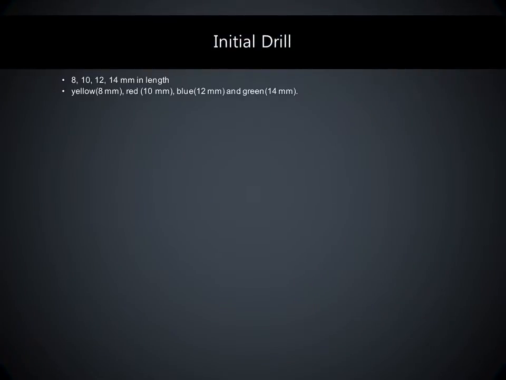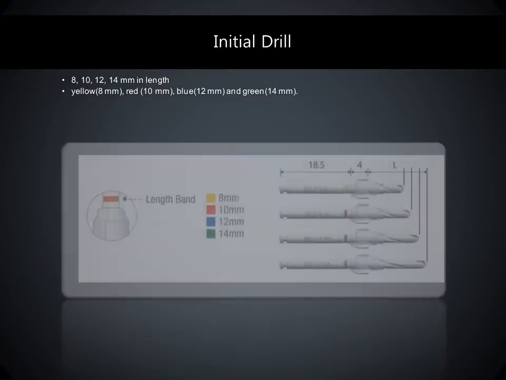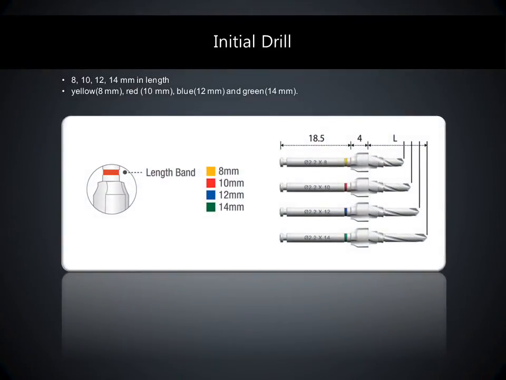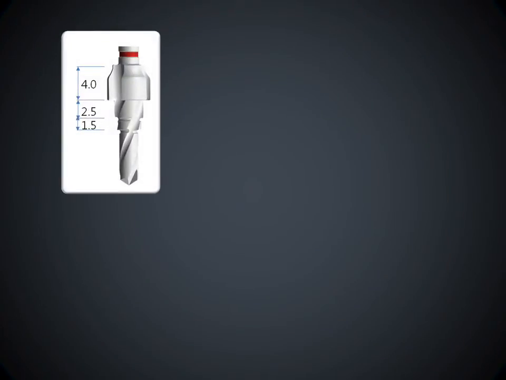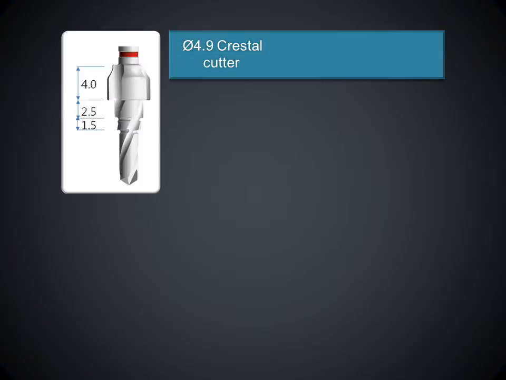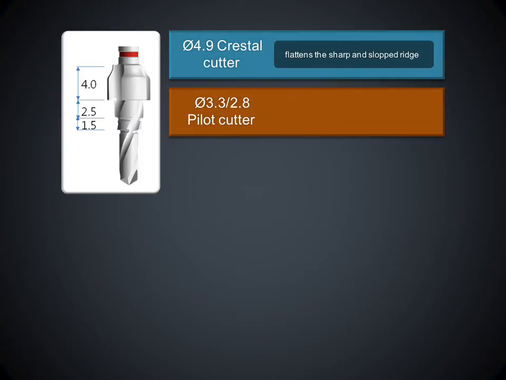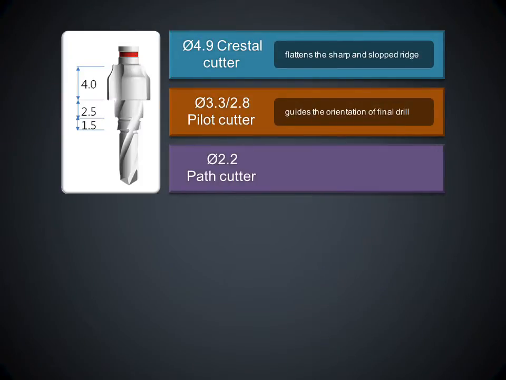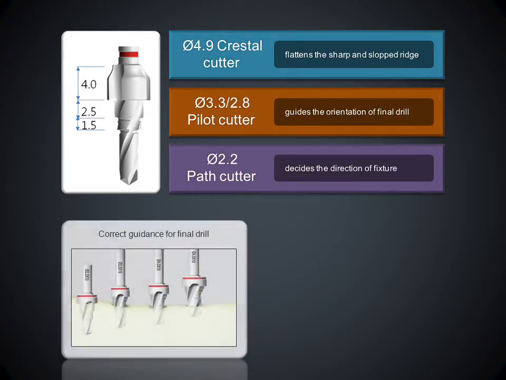The initial drill comes in 8, 10, 12, and 14 mm lengths. On the shank of the drill, the length is marked with colors: yellow, red, blue, and green. The initial drill is composed of a 2.2 mm pad cutter, 3.3 and 2.8 pilot cutters, a 4.9 crestal cutter, and a stopper.